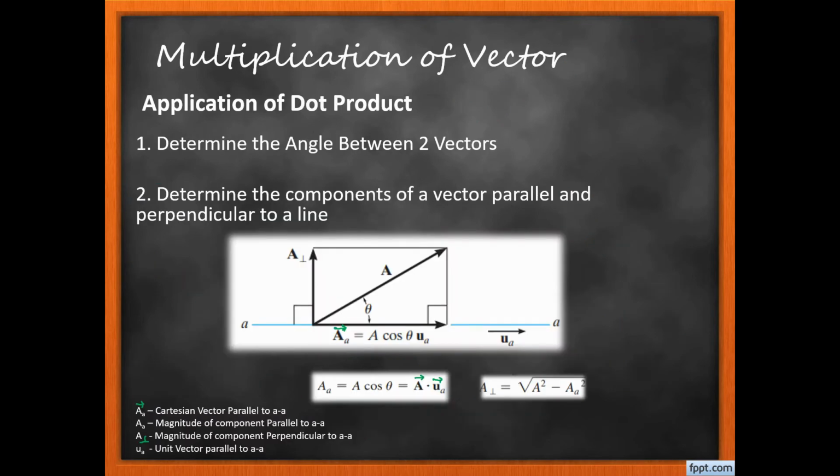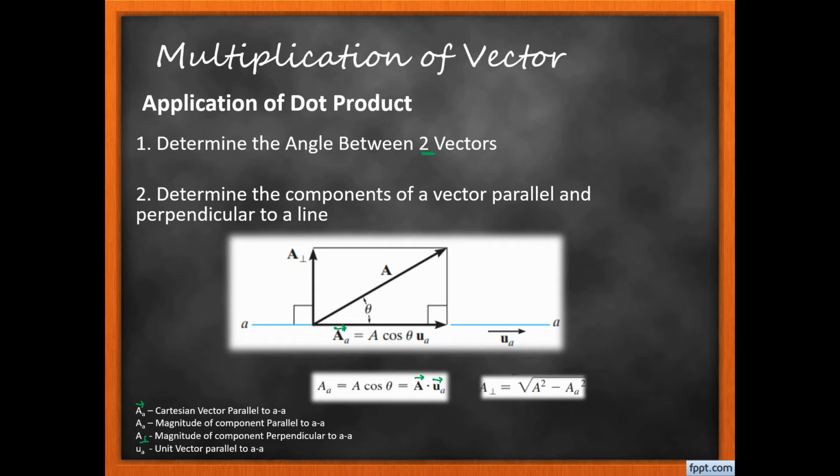So saan natin gagamitin yung dot product natin dun sa statics of rigid bodies natin? So paano natin papakinabangan yung dot product? So mayroong dalawang common application yan. So yung una is to determine the angle between two vectors. And using yung dot product, madali daw natin madidetermine angle between two vectors.